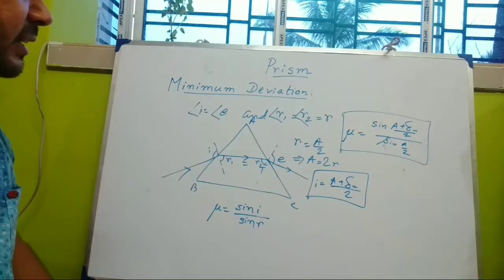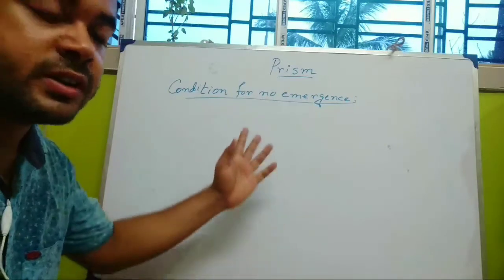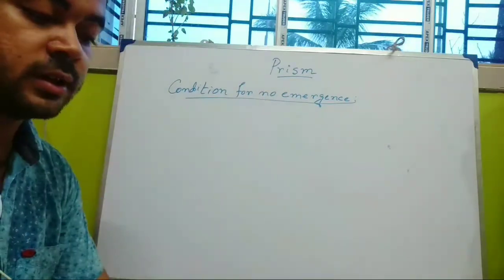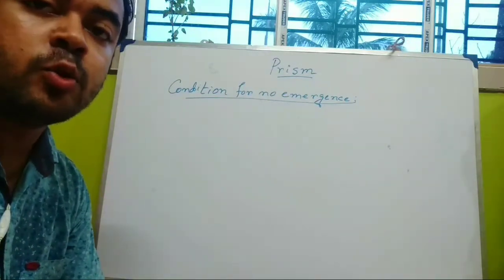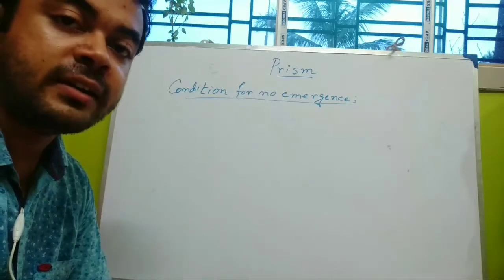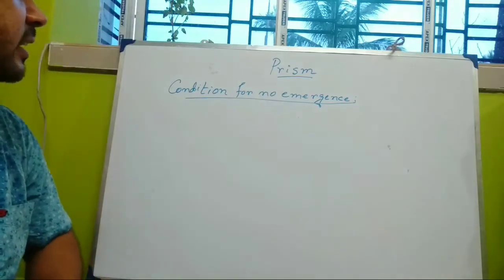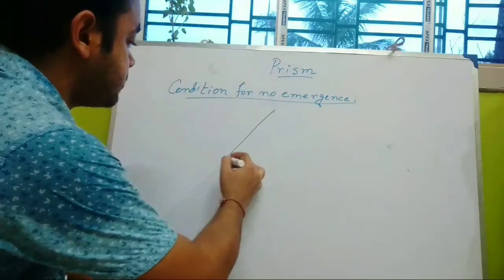Now let us see the condition for no emergence. For the condition of no emergence of light, the light should be total internal reflected from the second surface. Let us see the diagram.